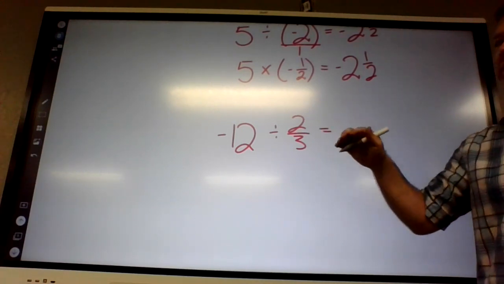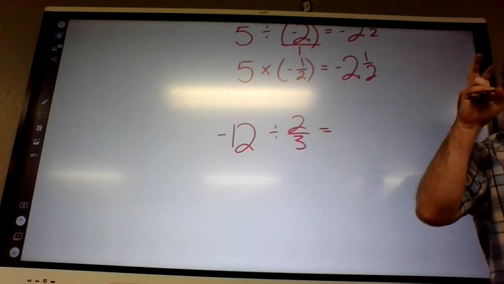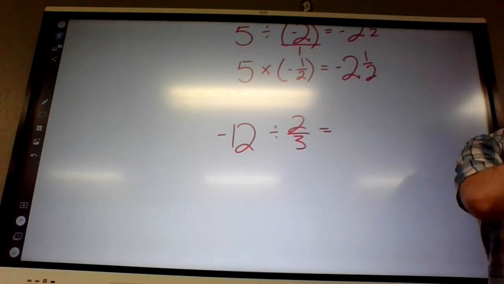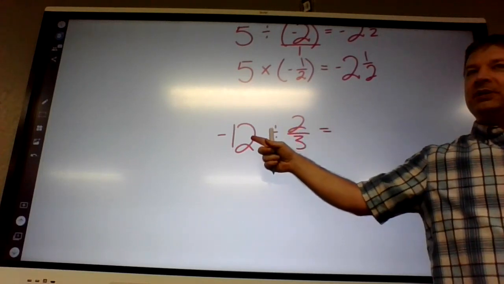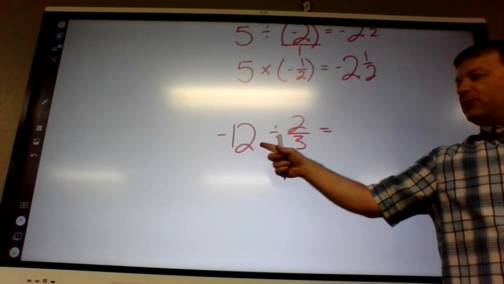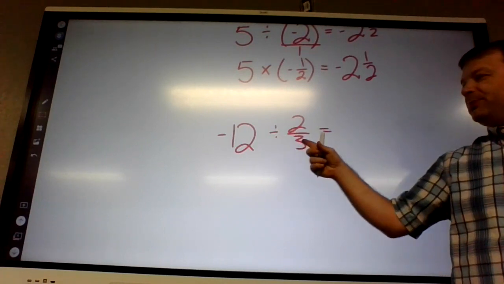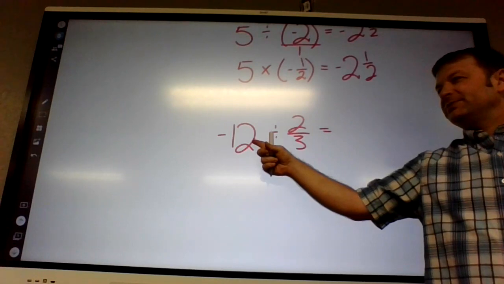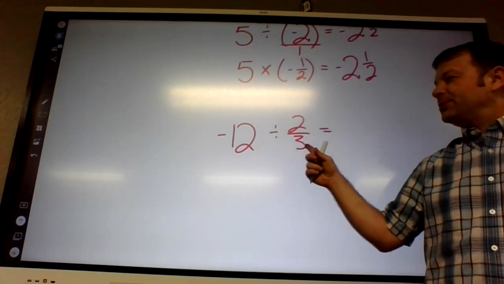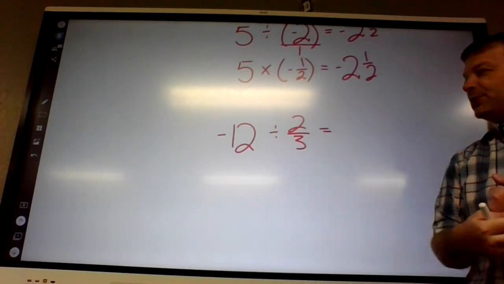Well, it's a bigger negative, which actually means it's smaller. Because how many 2/3 go into 12? Well, 12 ones go into 12, so there's going to be more than 12 2/3 that go into 12. It's going to take a lot more 2/3 to get up to 12 than just 12.